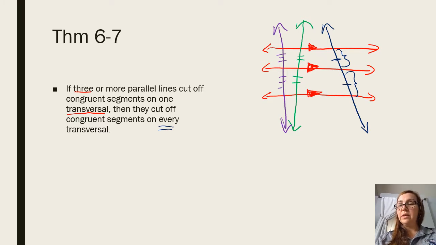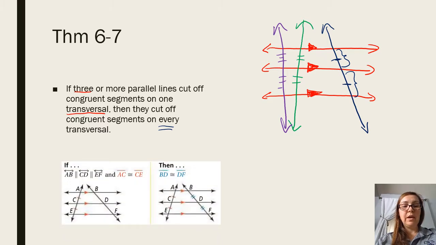The way it looks in your book is like this. Okay, so if AB, this line right here, is parallel to CD, which is parallel to EF, and AC is congruent to CE, then BD is congruent to DF.